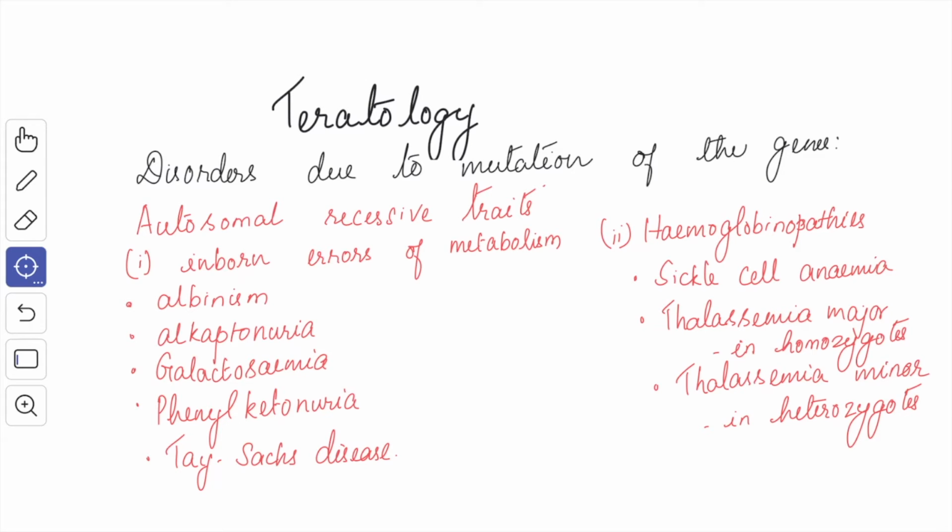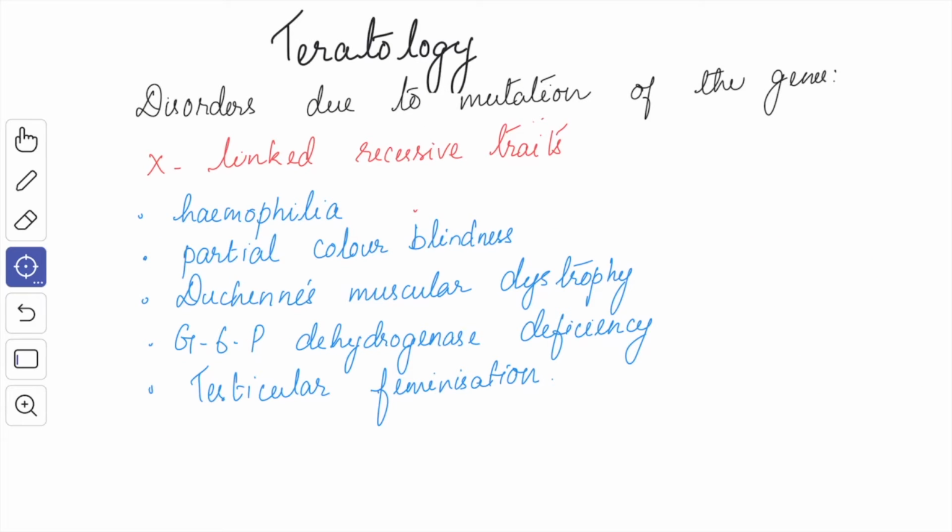Under hemoglobinopathies, you have sickle cell anemia, thalassemia major in homozygotes and thalassemia minor in heterozygotes. Next, we'll see the disorders due to the X-linked recessive traits, which include hemophilia, partial color blindness, Duchenne's muscular dystrophy, G6PD deficiency and testicular feminization.